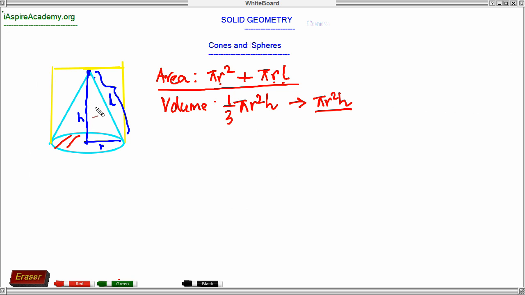You can make three cones out of a cylinder, so the volume of the cone becomes 1/3 of the volume of the cylinder. That is a way to remember it. Those are the two main properties associated with the cone. We don't have a way to find the diagonal, because the diagonal is basically the slanted height, which you're given.